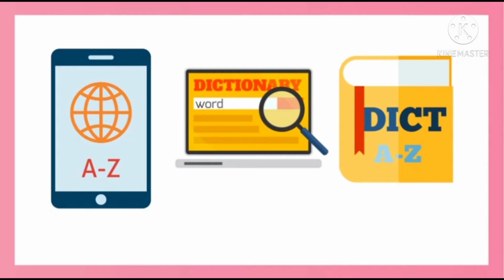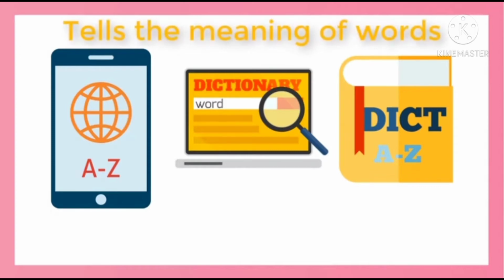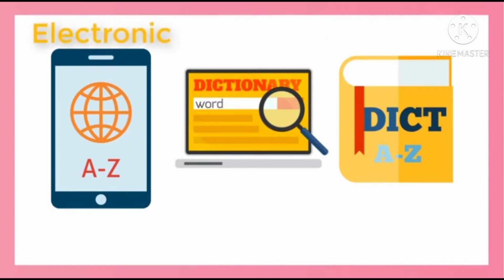A dictionary can help. A dictionary is a resource that tells us the meaning of words. There are electronic dictionaries, dictionaries online, and also dictionaries that are books. Today we're going to talk about how to read and understand a dictionary entry. They are mostly the same in all types of dictionaries.